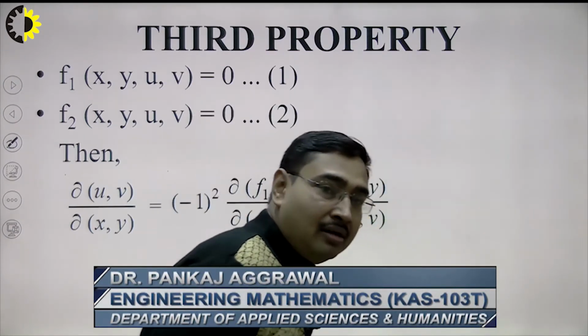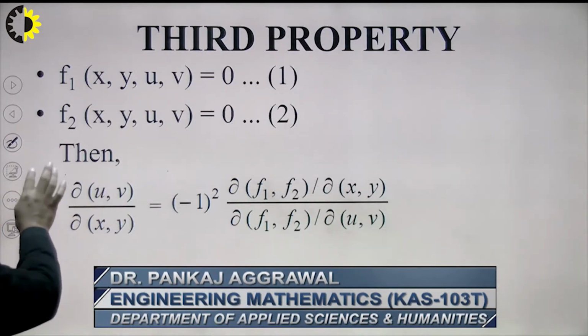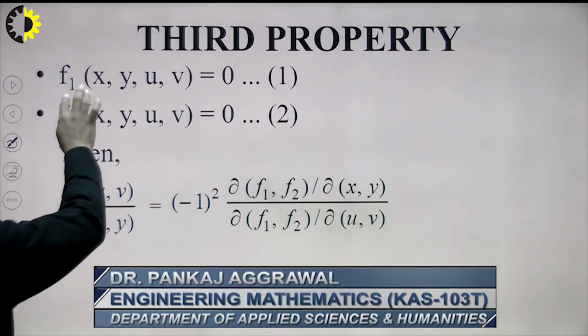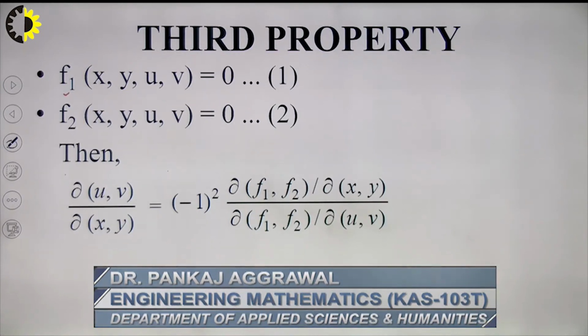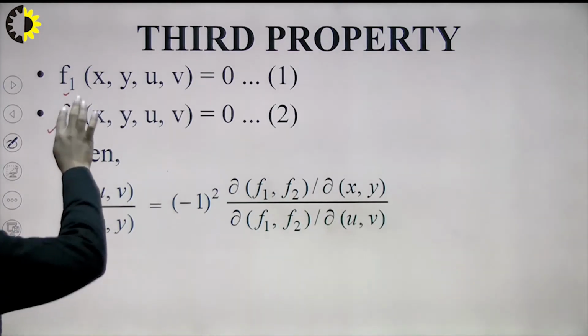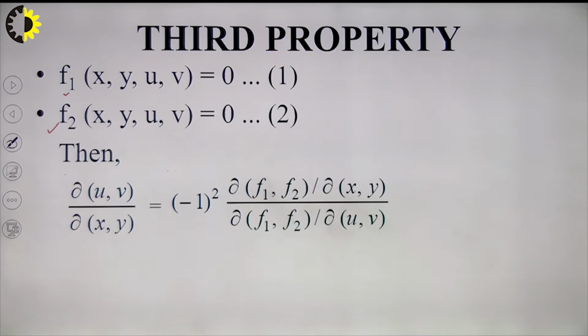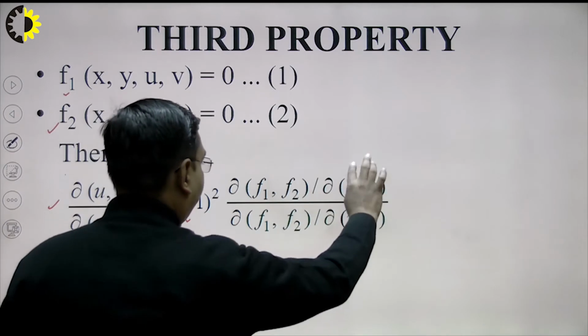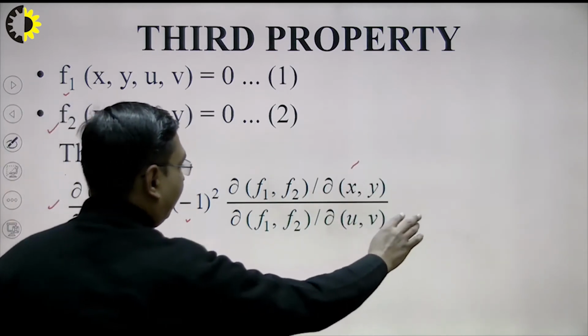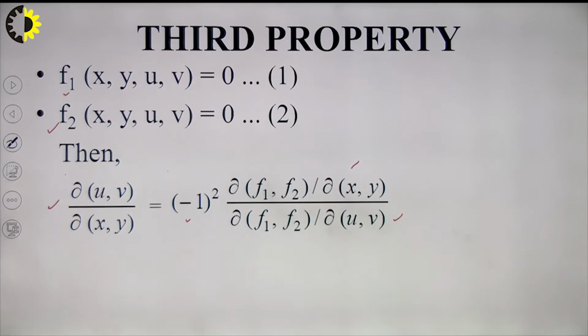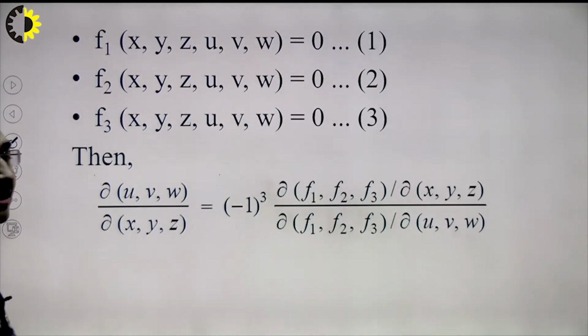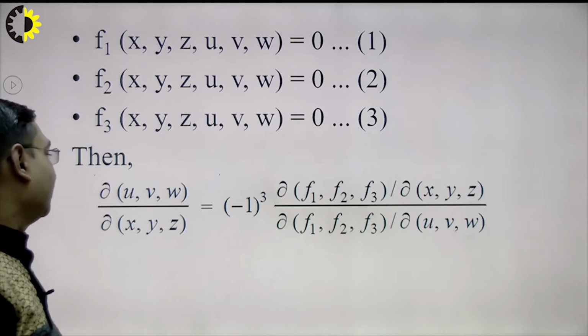We have seen that if I have an implicit function f1 involving x, y, u and v, and another implicit function f2 involving the same variables, then this Jacobian del uv over del xy can be calculated as minus 1 raised to the power 2 del f1 f2 over del xy whole divided by del f1 f2 over del uv. We have also seen that this idea can be generalized for 3 or more variables.